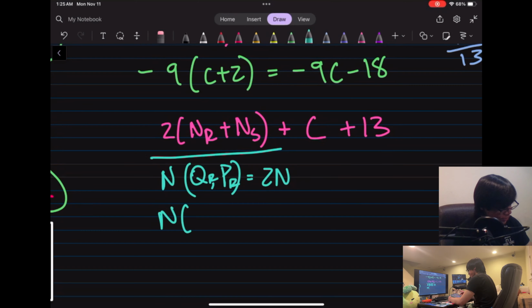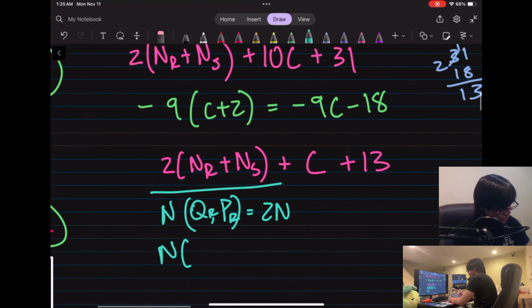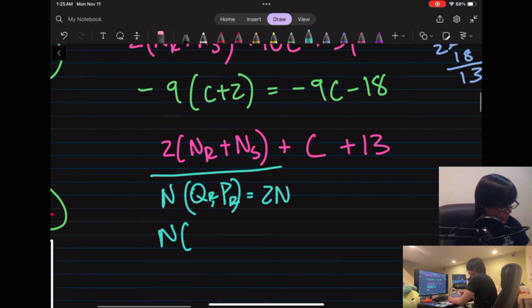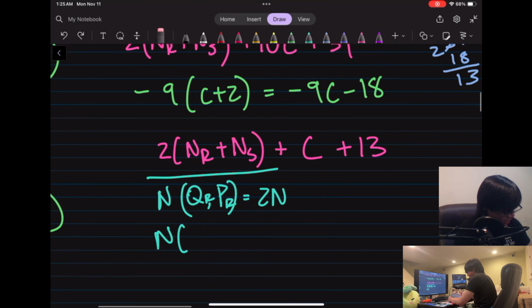Why am I doing 2? Is it 2? Oh yeah, the 2 comes from this. I'm sorry, I'm getting confused. The Q and the P, the heating and the pressure. Technically there are 2, but the R should come from the number of stages, so right here.